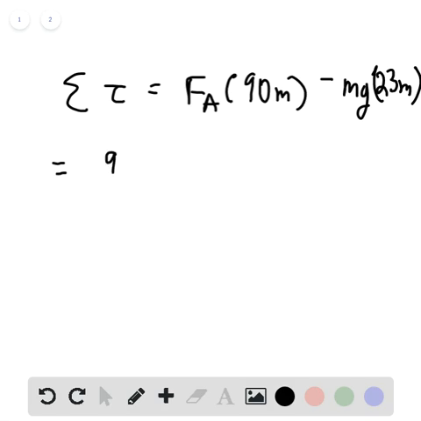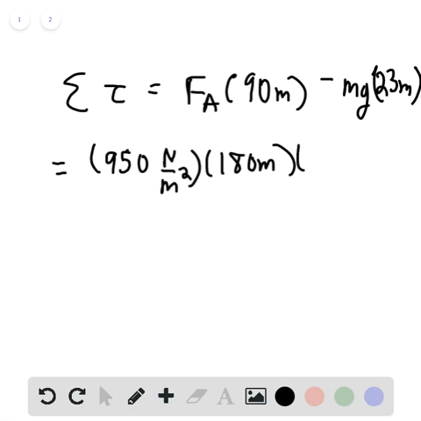So this is, we know this force earlier, 950 newtons per meter squared times 180 meters times 76 meters. Because we're dealing with an area here, the meters squared has to cancel out with these meters.